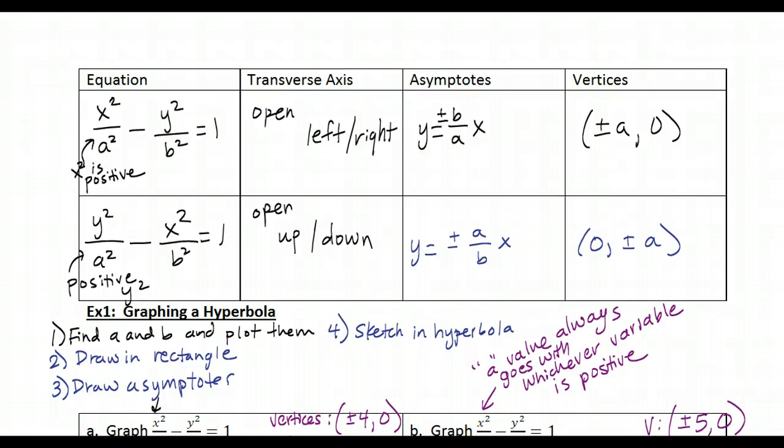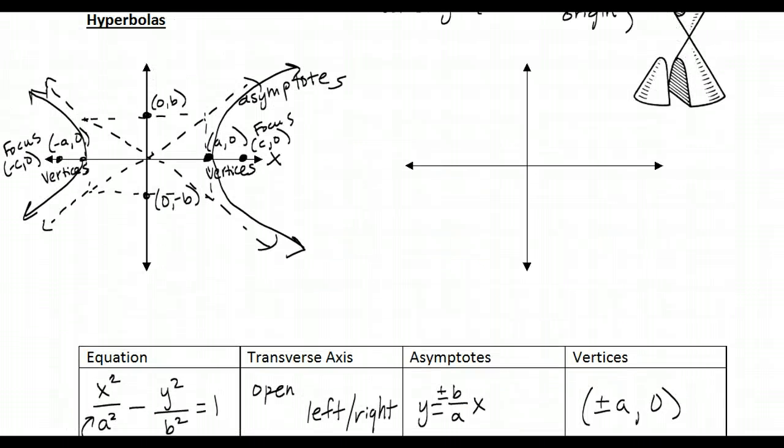And let's draw a quick sketch also. This time, my vertices are going to be up and down, so those are at (0, a) and (0, negative a). And then some other point, not labeled with a word, is b and negative b.